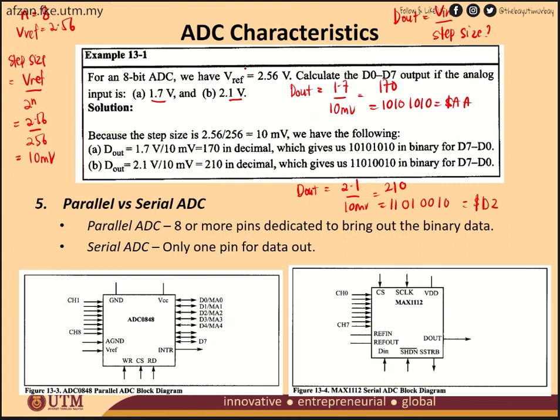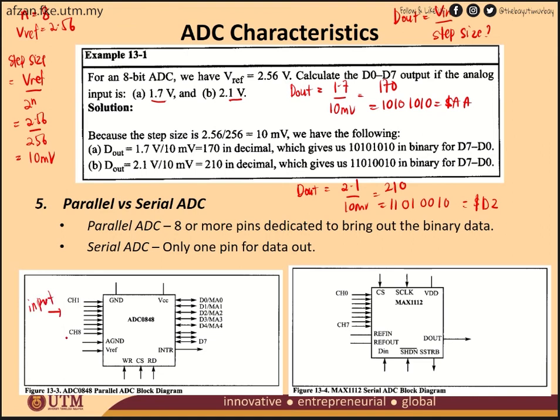Next, the fifth characteristic that you need to know is parallel versus serial ADC. For parallel ADC, 8 or more pins are dedicated to bring out the binary data, while for serial ADC, only 1 pin is used for data out. Let's look at this figure. This is your input.